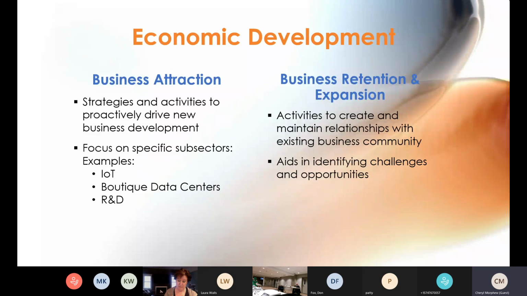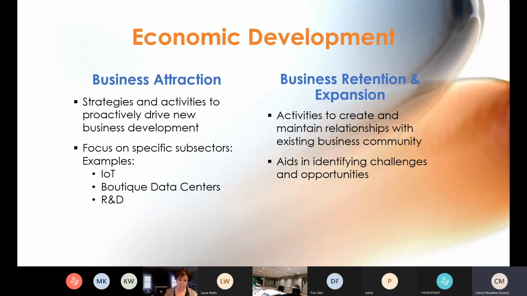And that's critically important because you do want to get in front of any challenges or any growth opportunities that they may be experiencing. And if you have those built-in relationships, they're more apt to come to you before they pull the trigger on an expansion or before some challenges really start impacting their business structure.